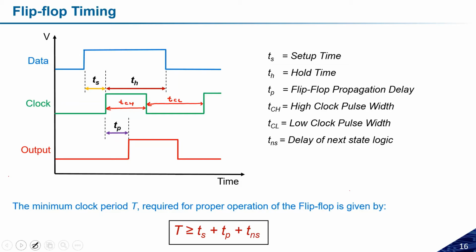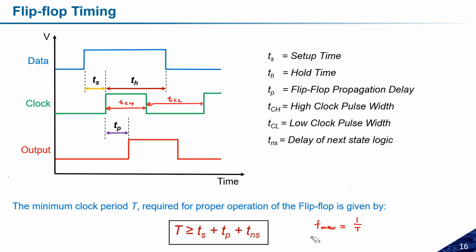If I want to calculate the maximum frequency, F maximum is nothing but 1 upon T, whatever T we have calculated.